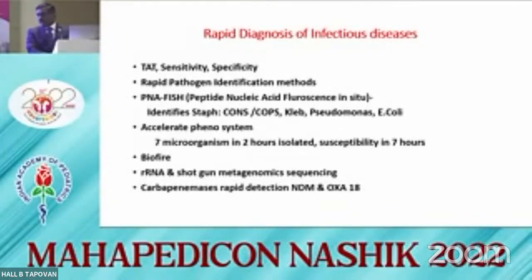OXA. And these detections will be available, but this is only for the subspecialty people who are infectious diseases experts, those who are intensivists. For we commoners or we generalists, it is the history and common investigations.